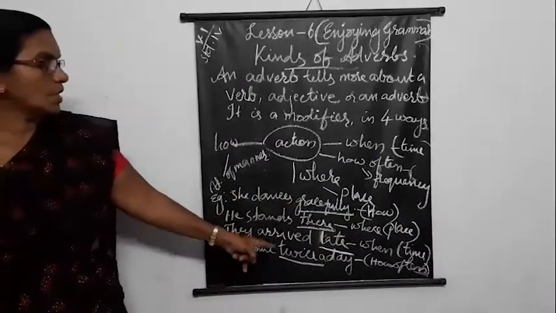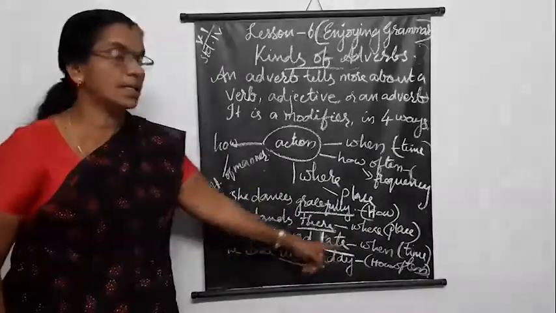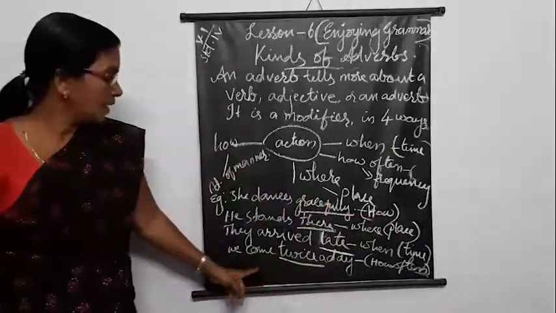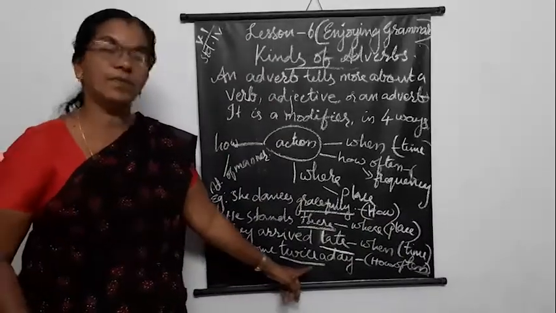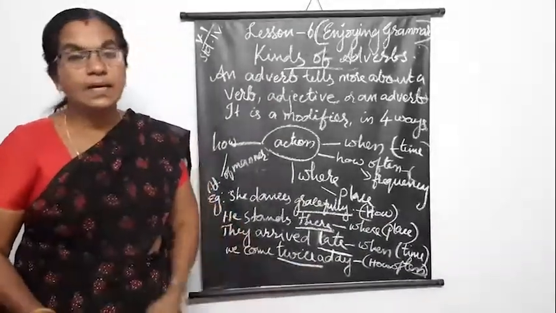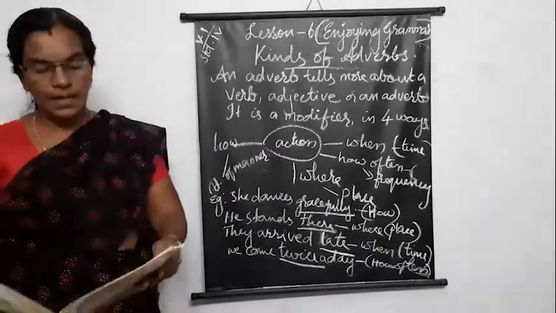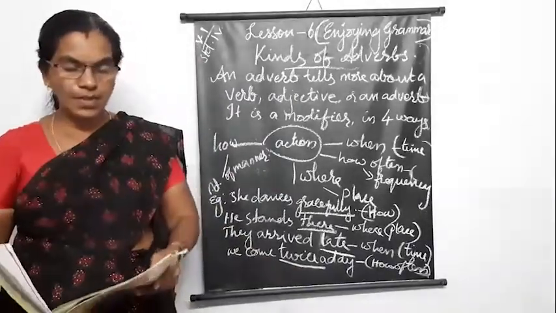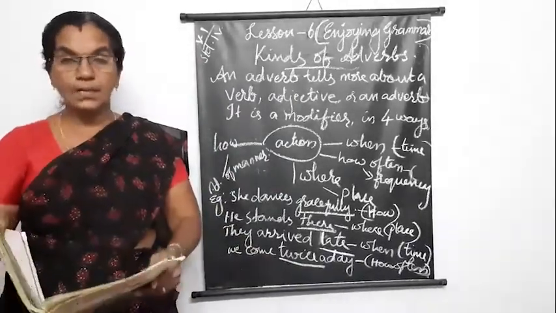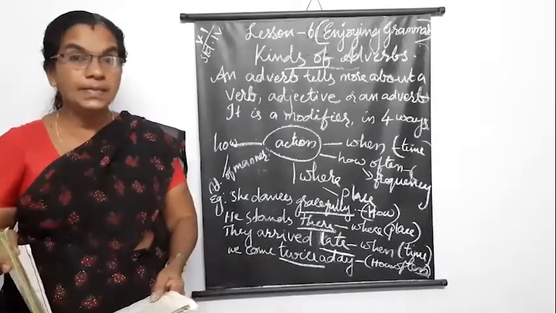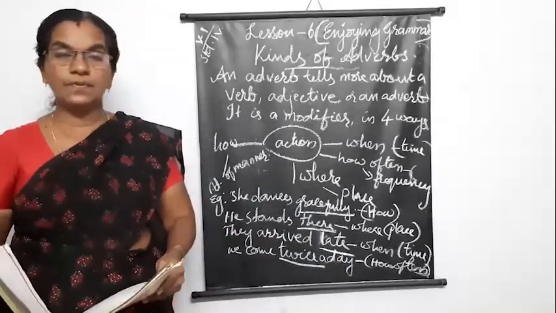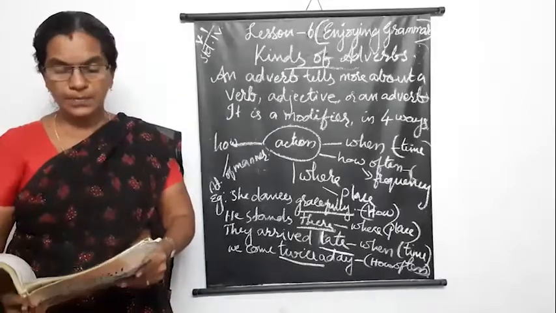When we ask a question with when, we will get the adverb of time. When we ask a question how often, we will get the adverb of frequency. And interrogative adverbs are also there. Adverbs of degree tell how much. The answer to how much is the adverb of degree.